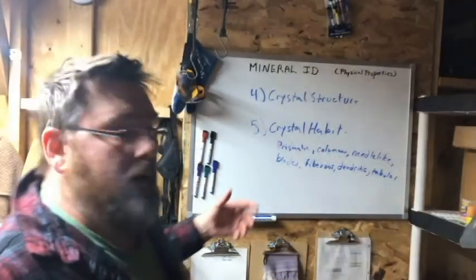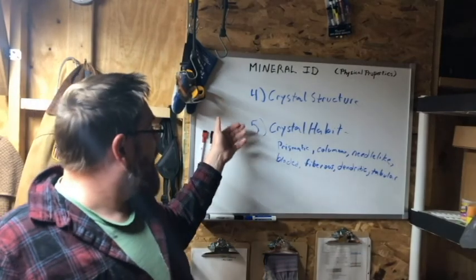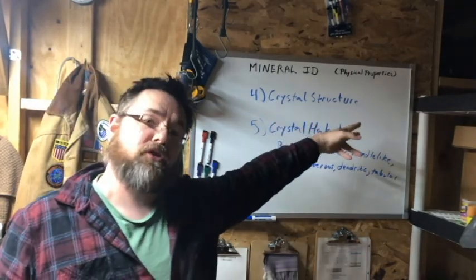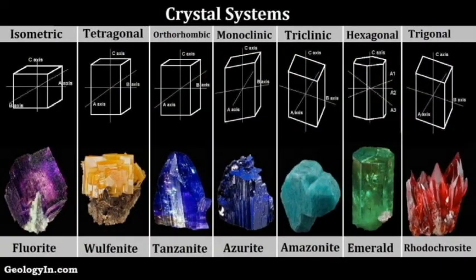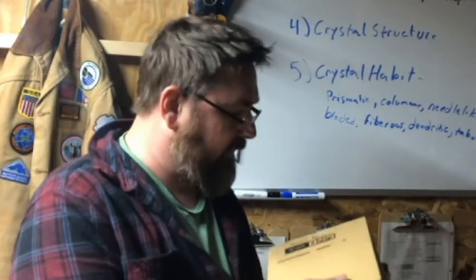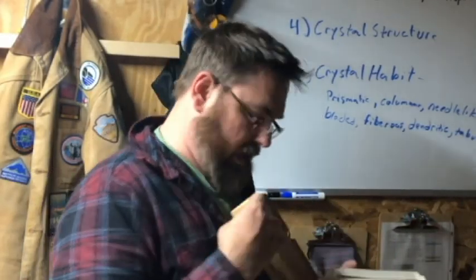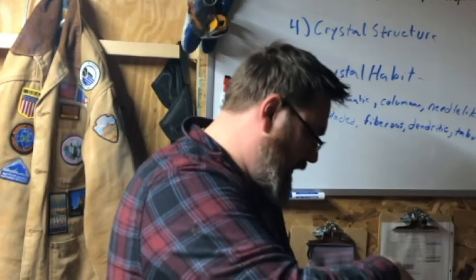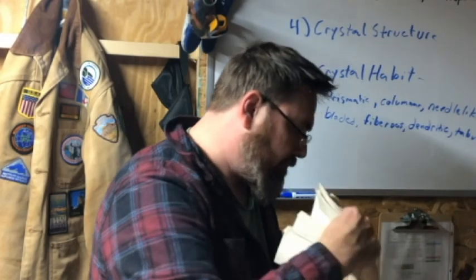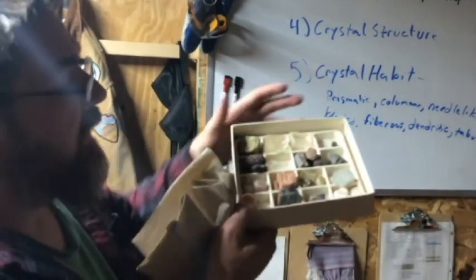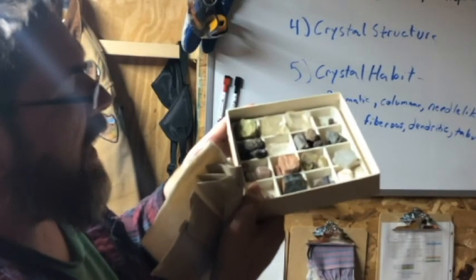I'm going to speak about numbers 4 and 5 here together. I've already kind of talked extensively on crystal structure. That has to do with the 6 or 7 crystal systems. I don't have enough to show you anyway, although I do have Ward's mineral boxes. This is my 2 of 2, and there's the list of minerals in this box, but for sake of brevity and whatnot, I don't want to bust all these out and talk to you about these.